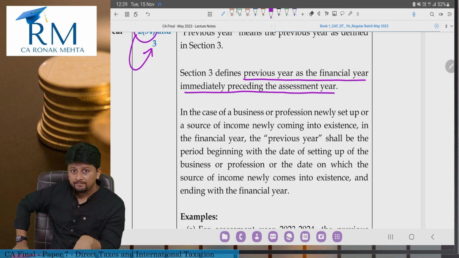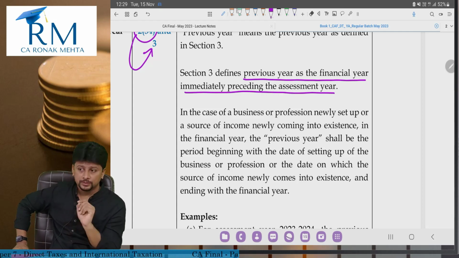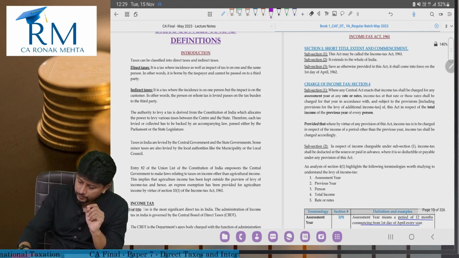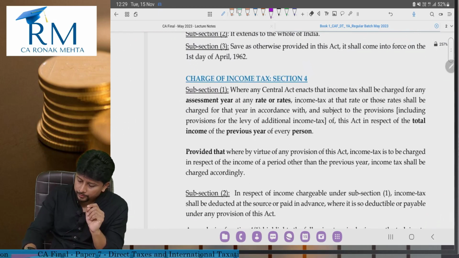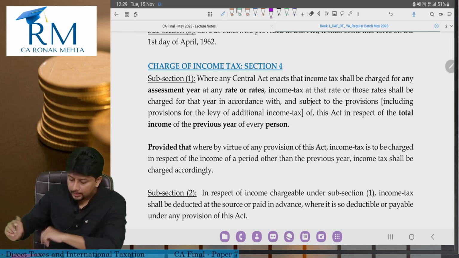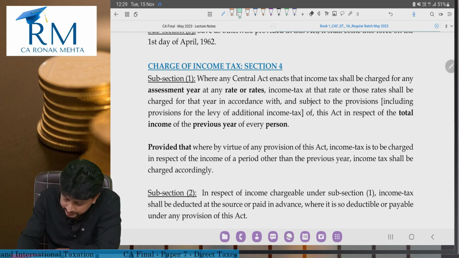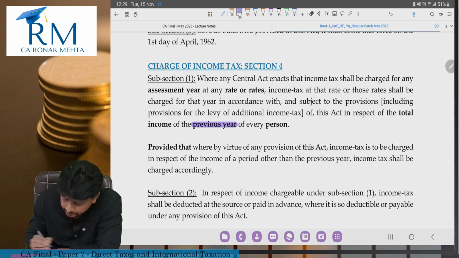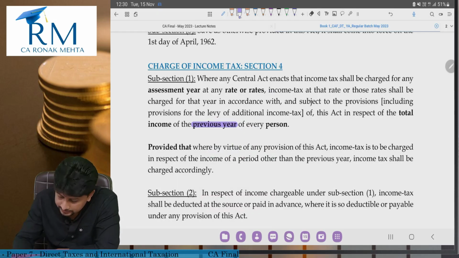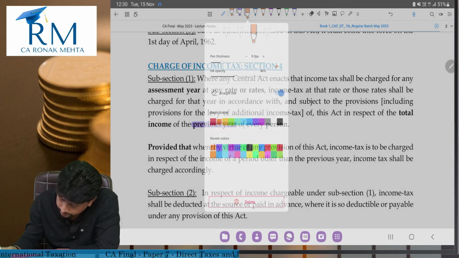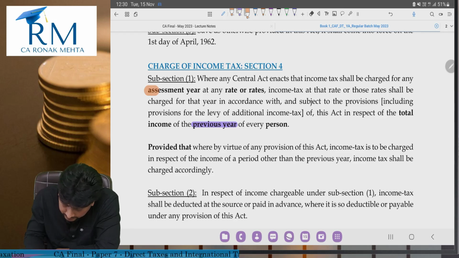The actual meaning of these two terms comes up from your charging section 4. See this. There is a word used in charging section 4, previous year. There is a word used in charging section 4, assessment year.